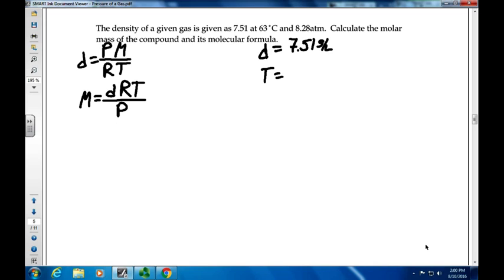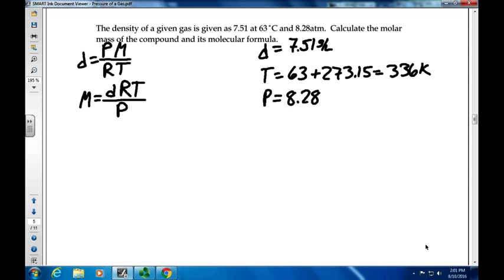Temperature is given as 63 degrees Celsius, which we're just going to add 273.15 to get it to Kelvin, which would make it 336 Kelvin. Then we just have the R value, which is all we need, and then the pressure, which is, in this case, 8.28 atmospheres.